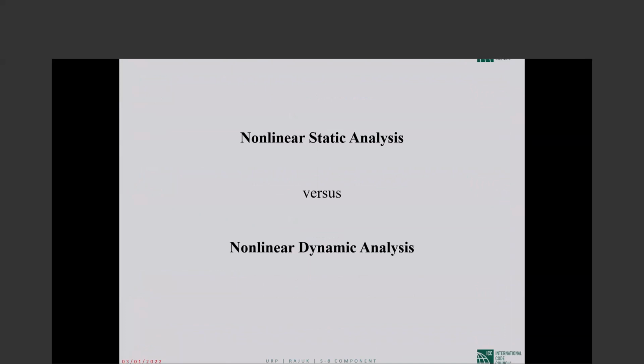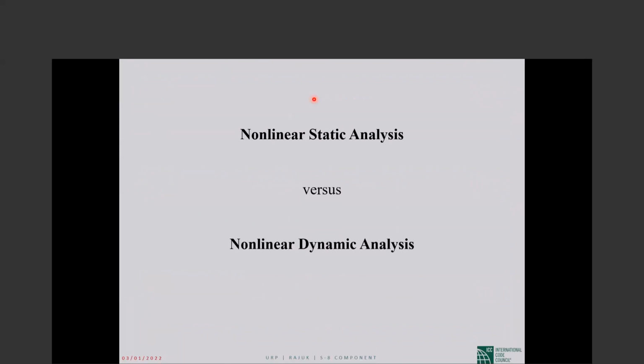We discuss the nonlinear analysis which the building codes are still relying on, which is nonlinear static. That is strange, because the earthquake is cyclic, it is not static, it is not pushover.